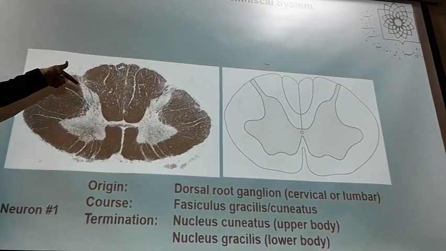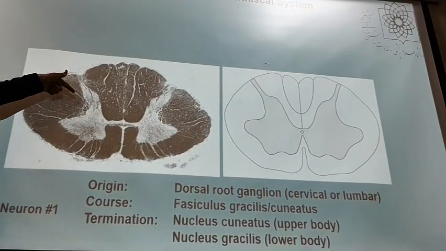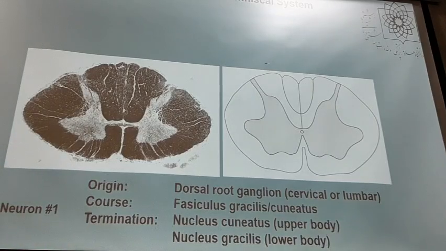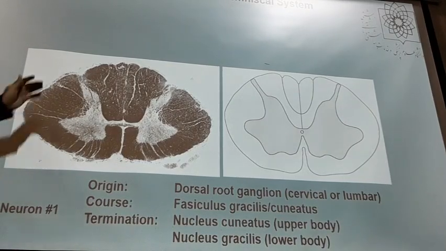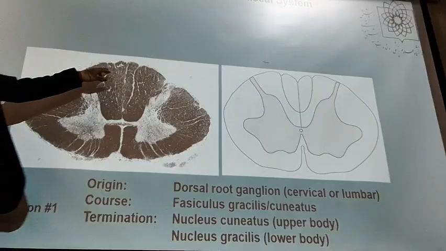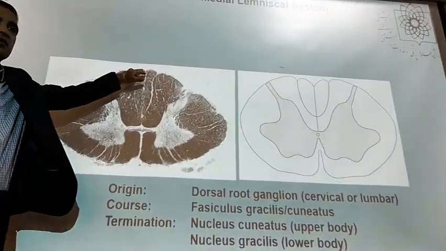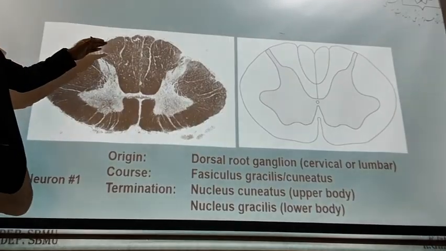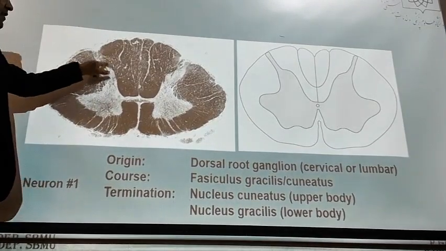When the signal is from the lower part of the body, such as the legs, it will be placed in the middle of the spinal cord.